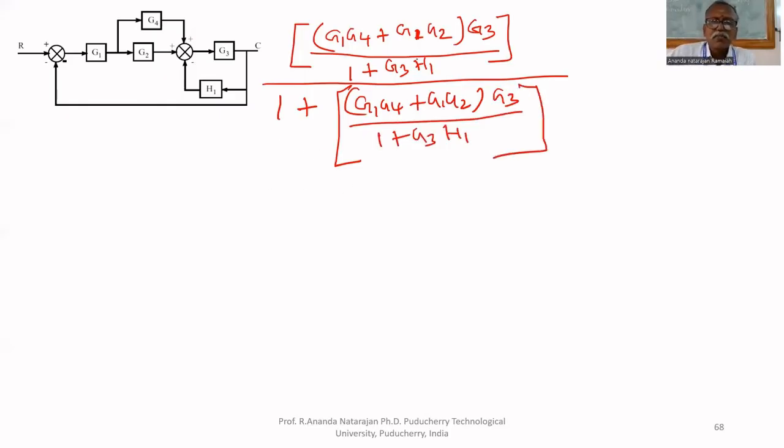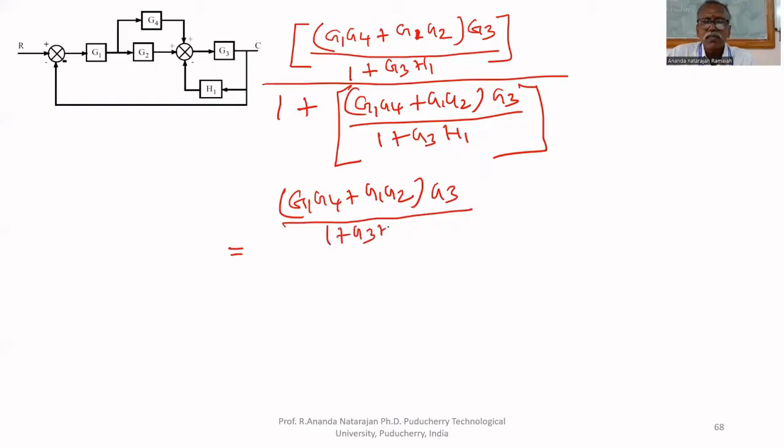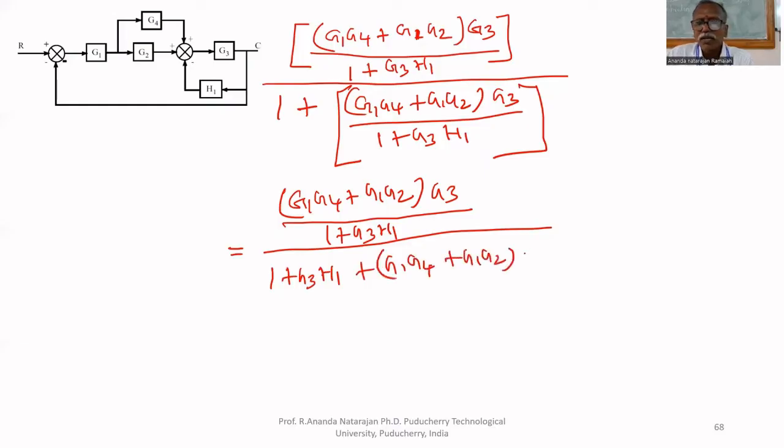If you take LCM, these two get cancelled. So this is equal to G1 G4 plus G1 G2 multiplied by G3 upon 1 plus G3 H1 upon, if you take LCM, what you will get? 1 plus G3 H1 plus G1 G4 plus G1 G2 multiplied by G3 upon 1 plus G3 H1. This and this get cancelled.